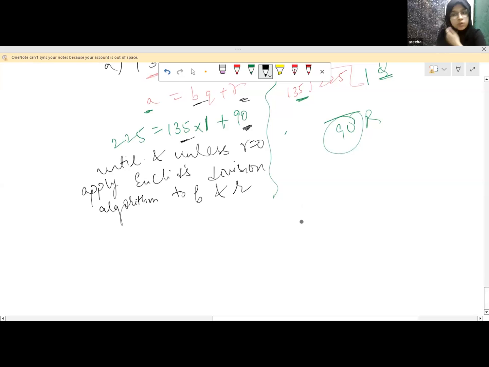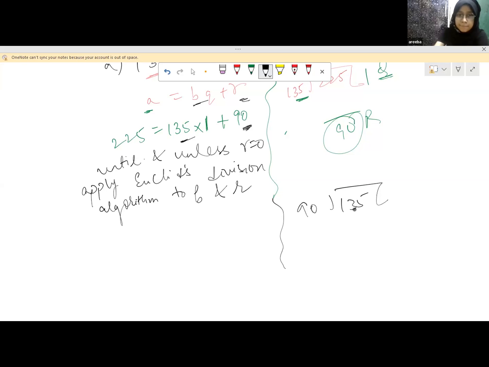Who's going to be the dividend in these two? The bigger number, the dividend. 135. Very good. And who's going to be the divisor? 90. Yes. Now tell me.